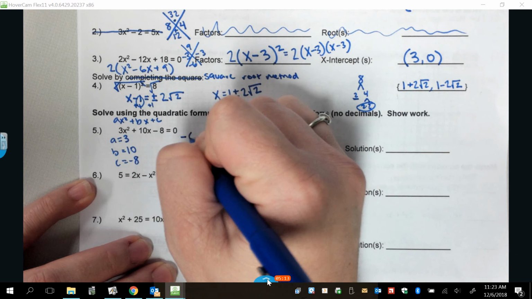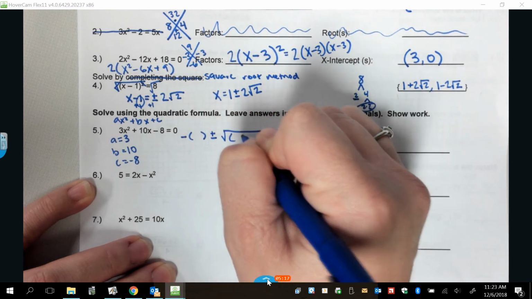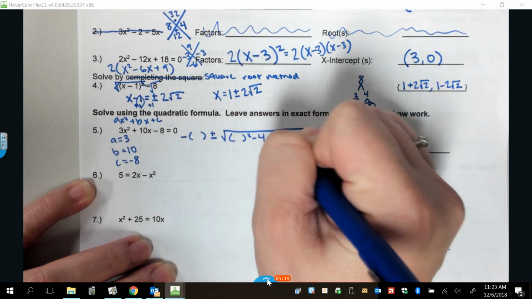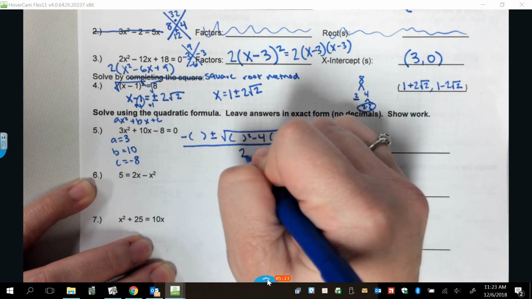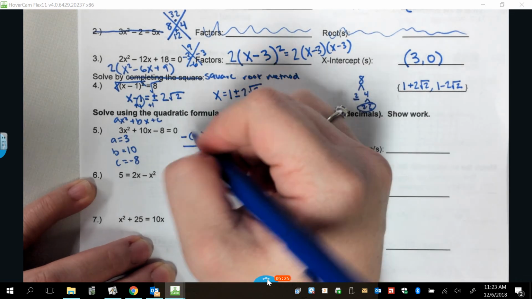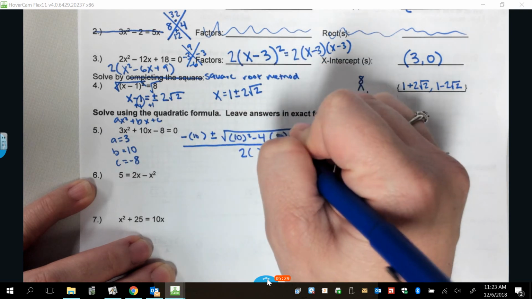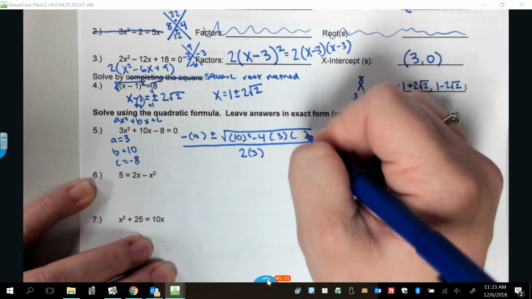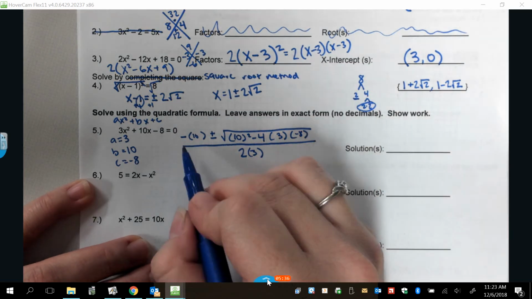So negative b plus or minus square root of b squared minus 4 times a times c all over 2a. So b, a, and c goes here. And remember, we simplify one at a time. So this gives me negative 10.